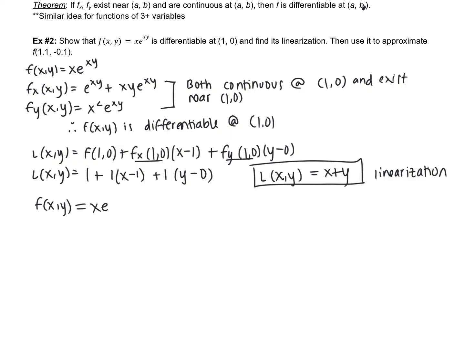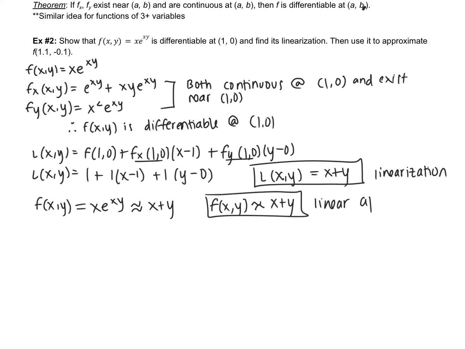So our x e to the xy, we approximate that with x plus y. So f of x, y is approximately x plus y. Vocab-wise, this is called our linear approximation. You'll also hear it referred to as the tangent plane approximation.